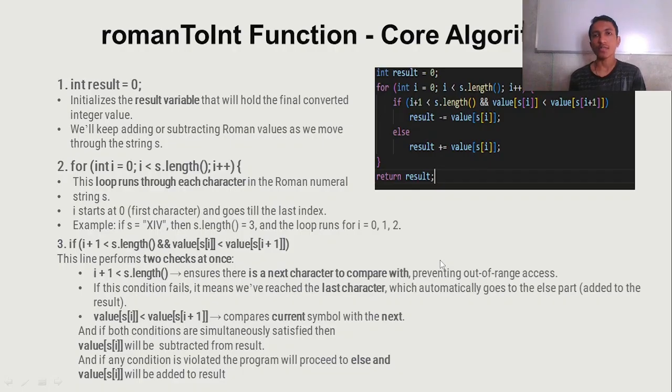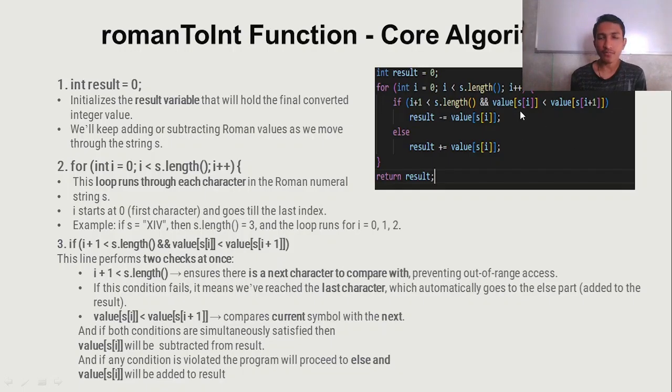Now let's talk about the if and else condition. First, this line performs two checks at once. How does it perform two checks at once? This double AND operator is a logical AND operator, which says both the conditions should be satisfied simultaneously.